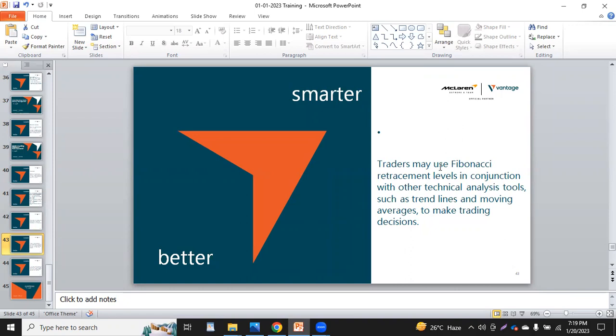Having an understanding of other tools, of trends, how those trends happen, and the direction of the trend, all of those things matter when it comes to using Fibonacci. But Fibonacci will help you very quickly, right? Even if you don't know very much, if you know how to use Fibonacci, it can give you a very high win rate. Even if you're using Fibonacci merely on its own, it will give you a very high win rate.